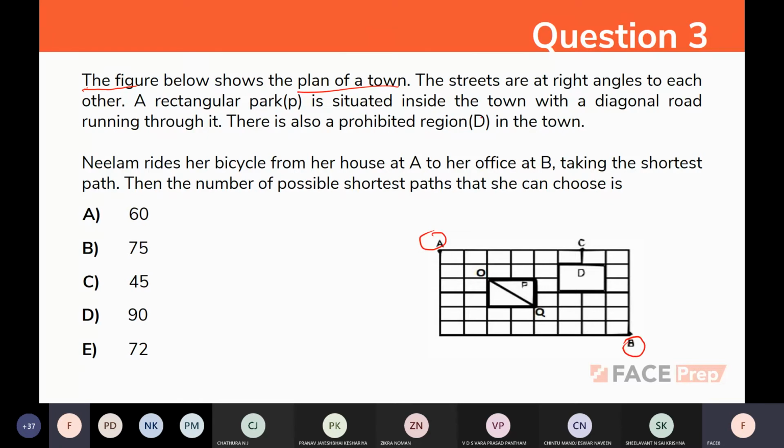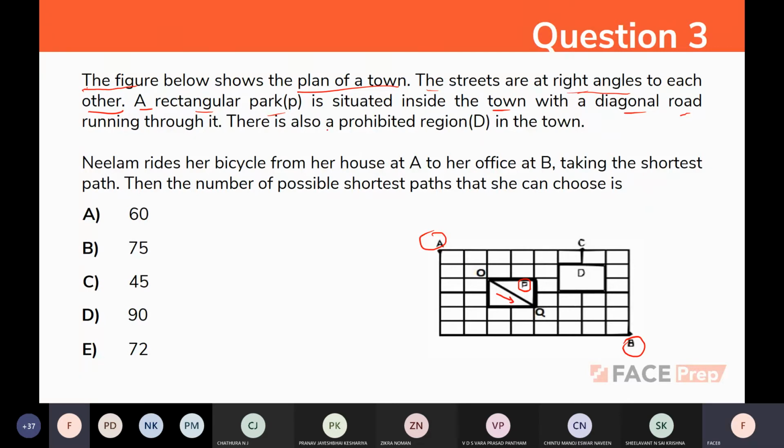The streets are at right angles to each other, and we know that by seeing the picture itself. A rectangular park is situated inside the town with a diagonal road running through it. So P will be the park, and it's a straight diagonal road inside it.